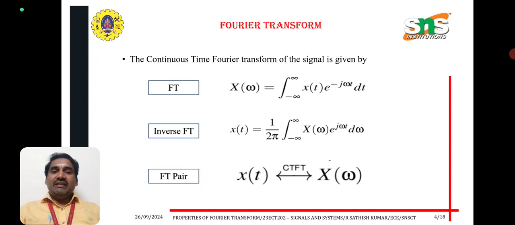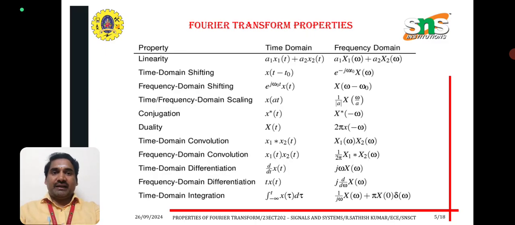X of t and X of omega form the continuous time Fourier transform pair.